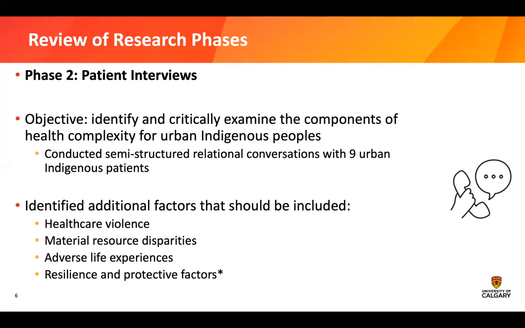The first one being recognizing the role of healthcare violence in perpetuating health complexity, taking into account material resource disparities and adverse life experiences, which are a reality for many Indigenous peoples and can shape health, but also to take into account the role of resilience and protective factors as having sort of a strengths-based lens to our approach in assessing complexity.